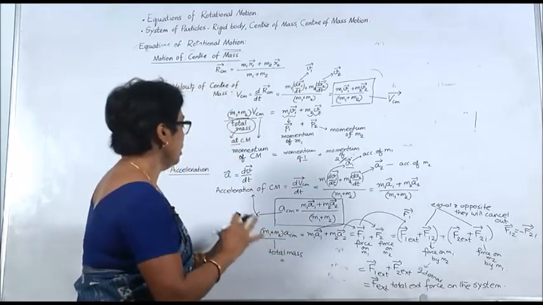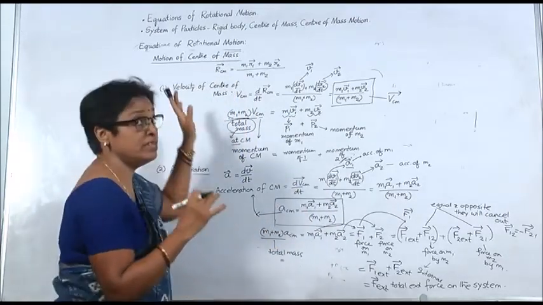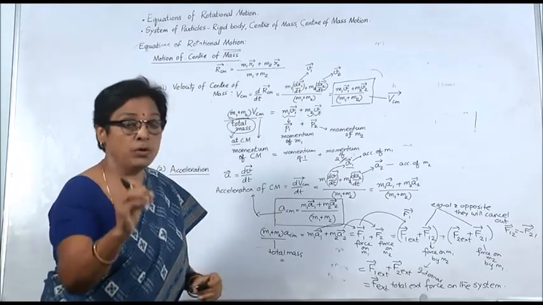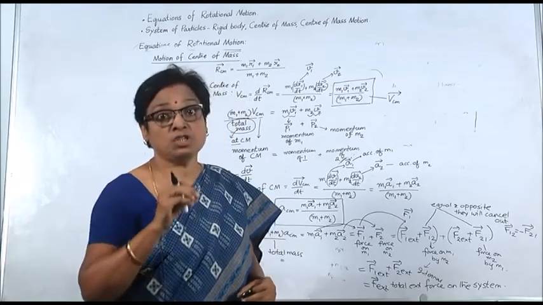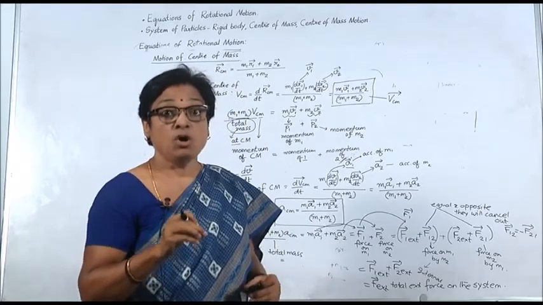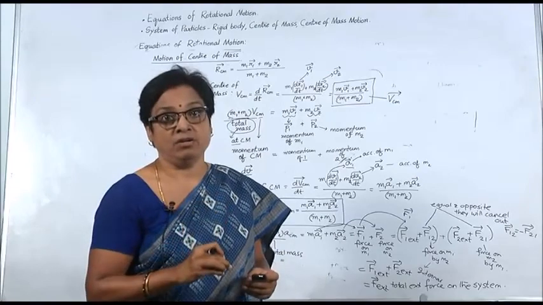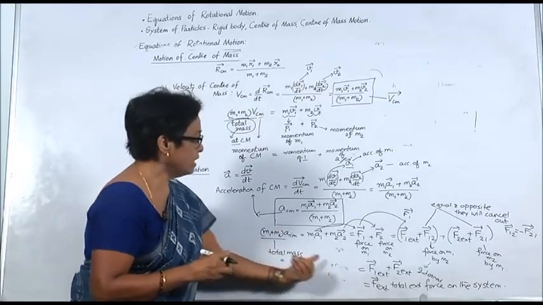So this is the meaning of that whole thing, and that is how we defined the center of mass. It is a point which behaves as if the entire mass of the system is concentrated and all the external forces are acting there. This is the mathematical equation of that.